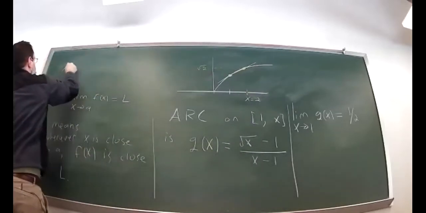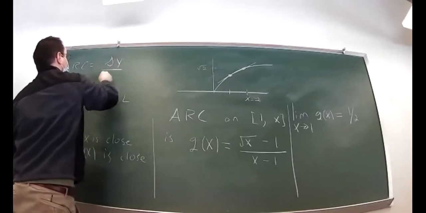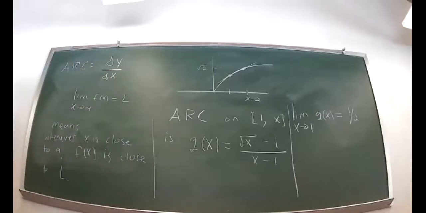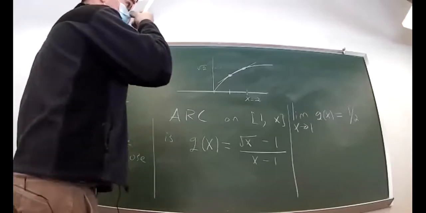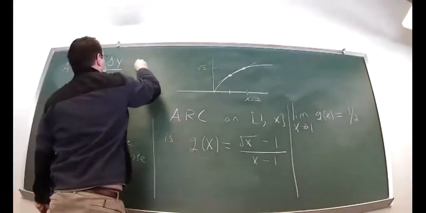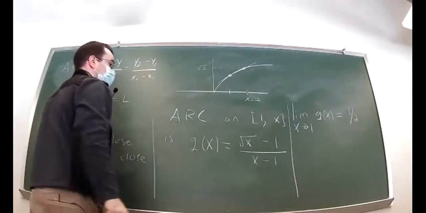So average rate of change is that slope, delta y over delta x. And so the change in the y values is going to be y2 minus y1 over x2 minus x1.